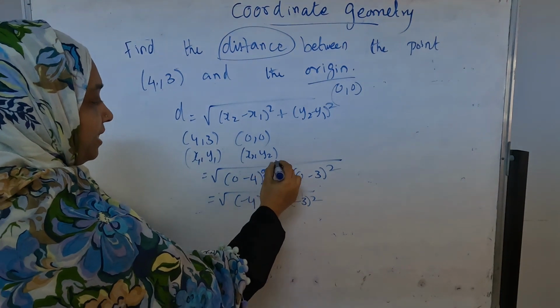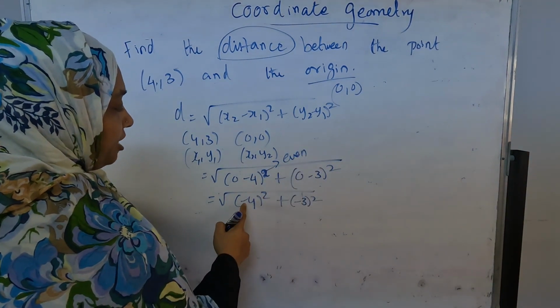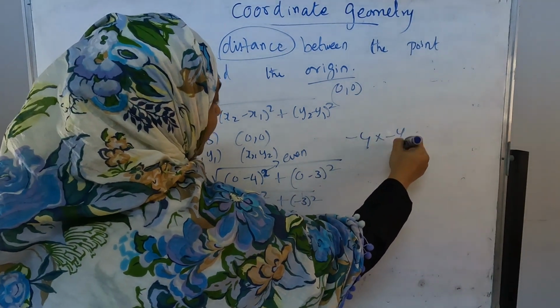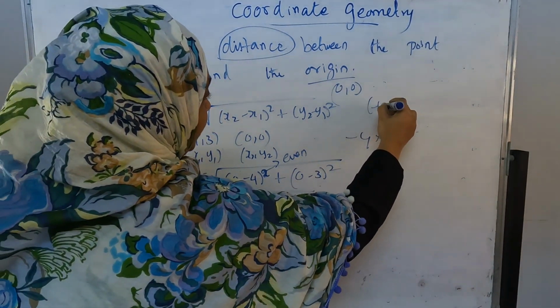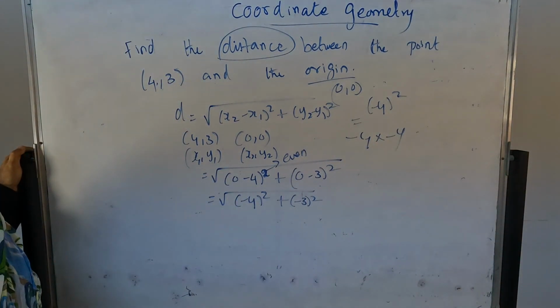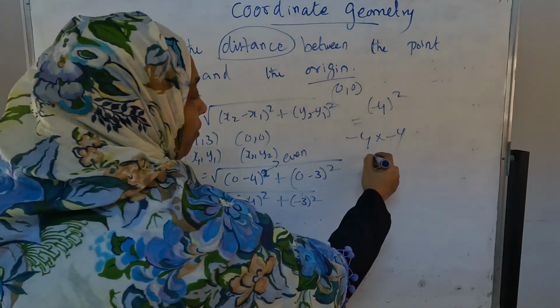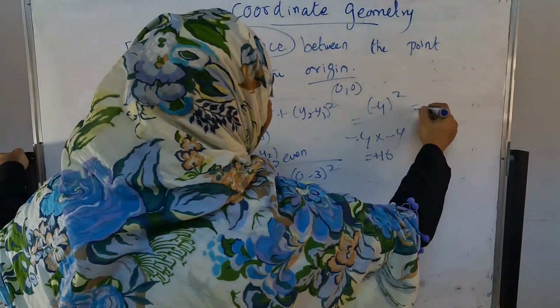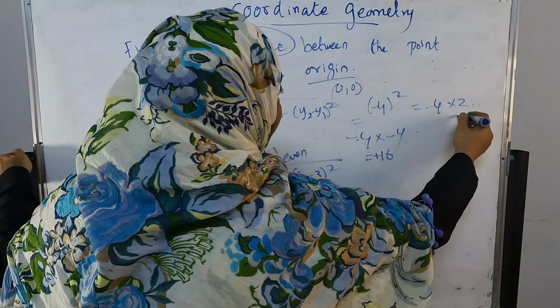See, power is even power, so this minus becomes plus. Minus 4 the whole square means minus 4 into minus 4. Write minus 4 two times and then multiply. 4 fours are 16, minus times minus is plus, not 4 into 2 minus 8.